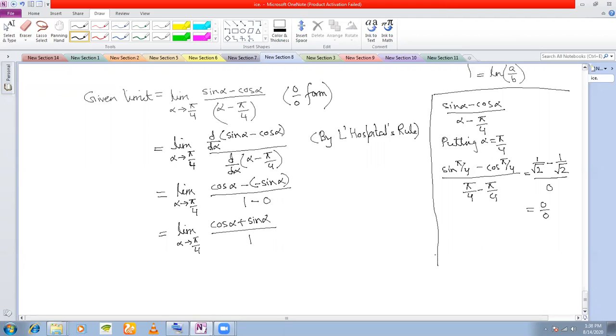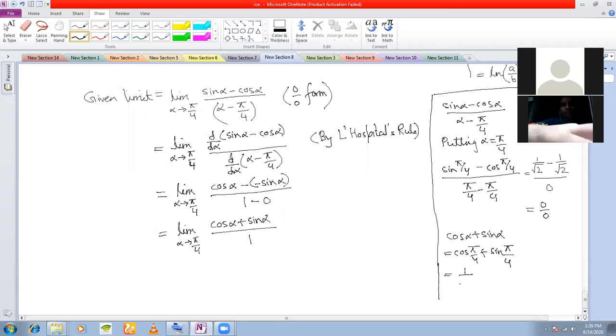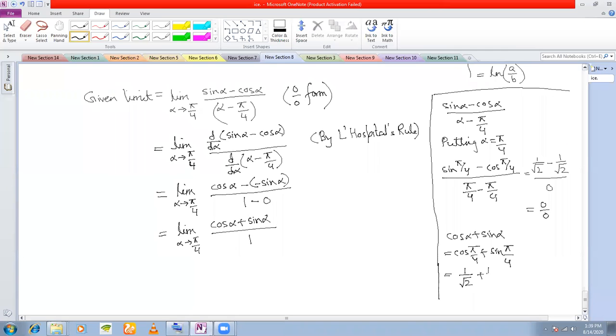Okay. Now let's check again whether this is the determinate form. Cos alpha plus sin alpha. Put alpha equal to pi by 4. You get cos pi by 4 plus sin pi by 4. Okay. So this is 1 by root 2 plus 1 by root 2. So this is the determinate form. So you put alpha equal to pi by 4.